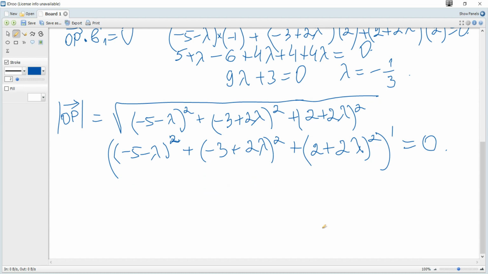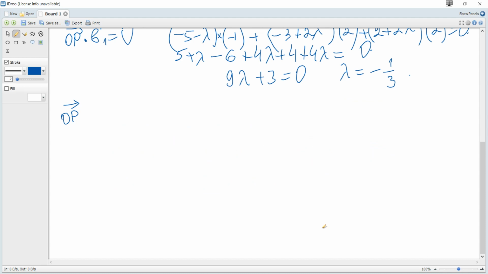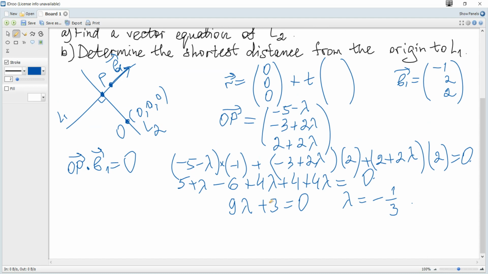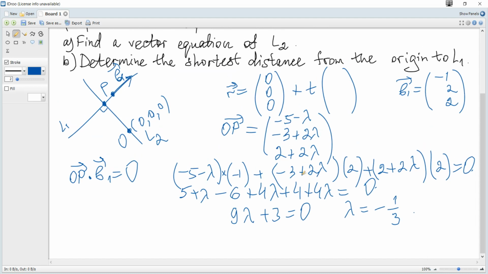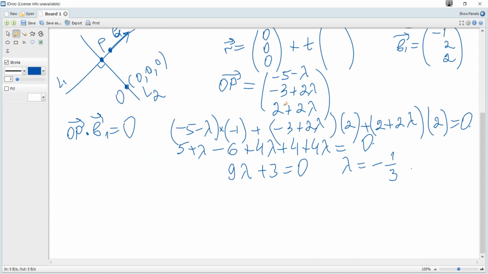And if we know lambda, we can find vector OP, and we need the direction vector. It doesn't matter the length of a vector, we need just any vector which is parallel to L2, so we can take any multiple of OP, and usually we take whole numbers without fractions.